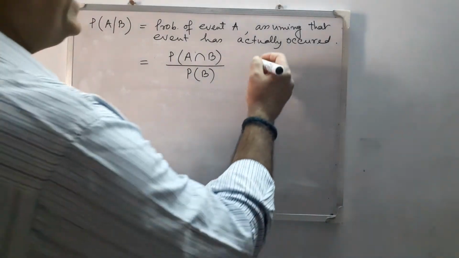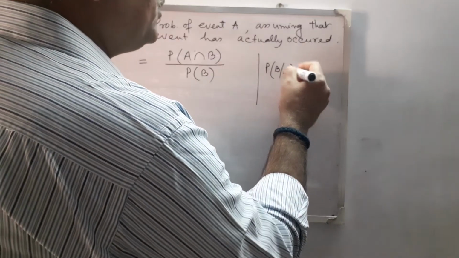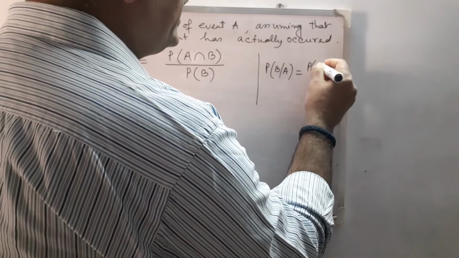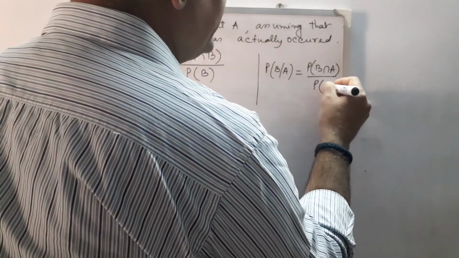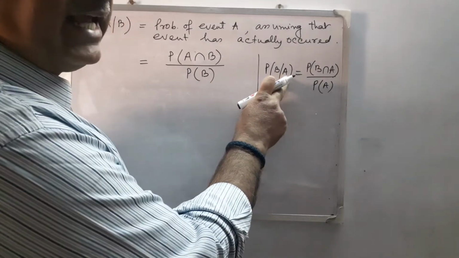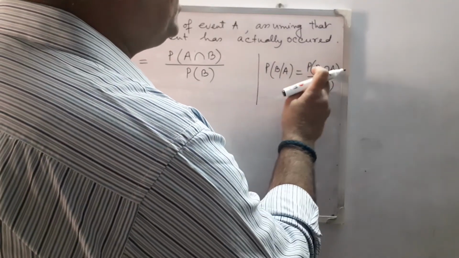Or you can define P(B/A) as P(B intersection A) divided by P(A). Here after the slash we have event A, so this P(A) should be here, and the common of these two, P(B intersection A).